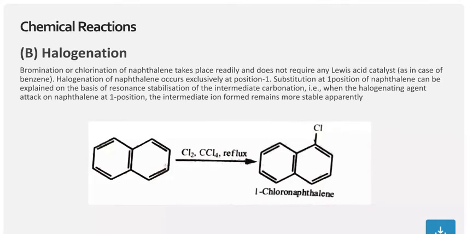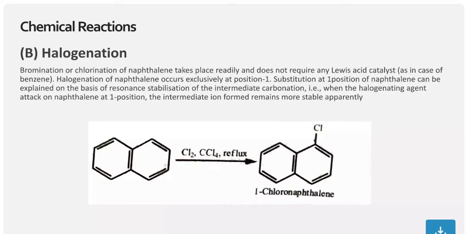Now, halogenation. Bromination and chlorination of naphthalene take place readily and do not require any Lewis acid catalyst, as in the case of benzene. Halogenation of naphthalene occurs exclusively at position 1. Substitution at position 1 of naphthalene can be explained on the basis of resonance stabilization of the intermediate carbocation.